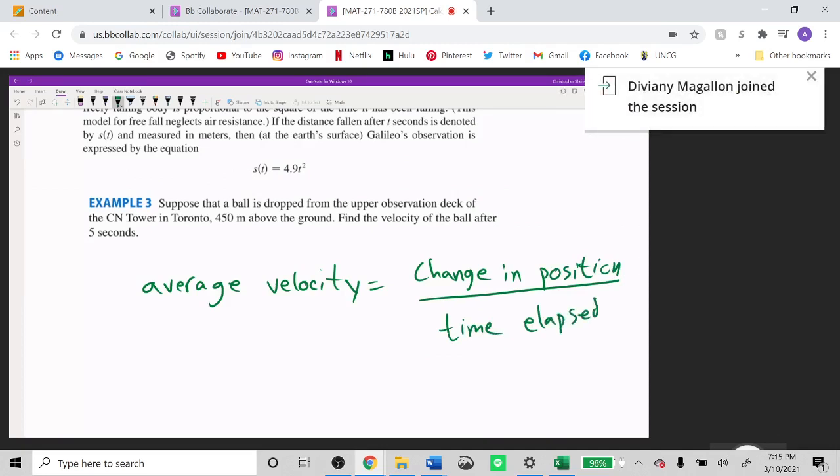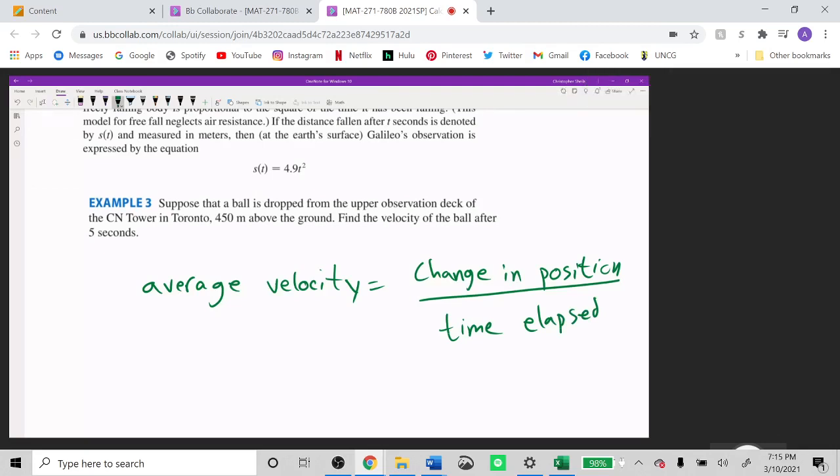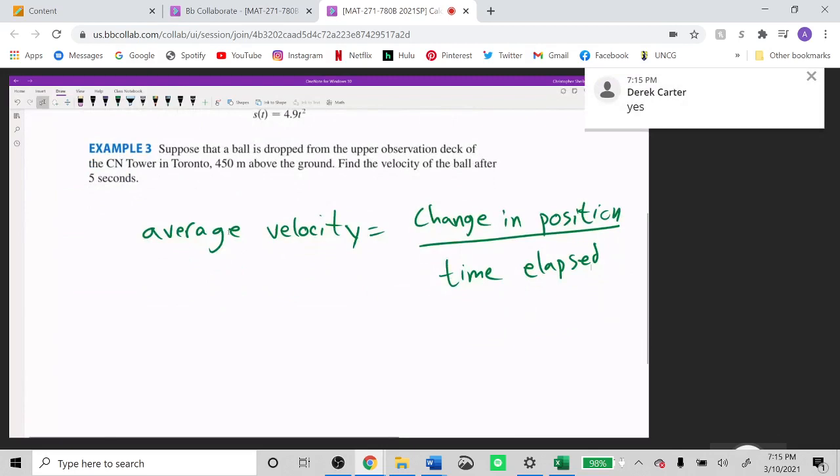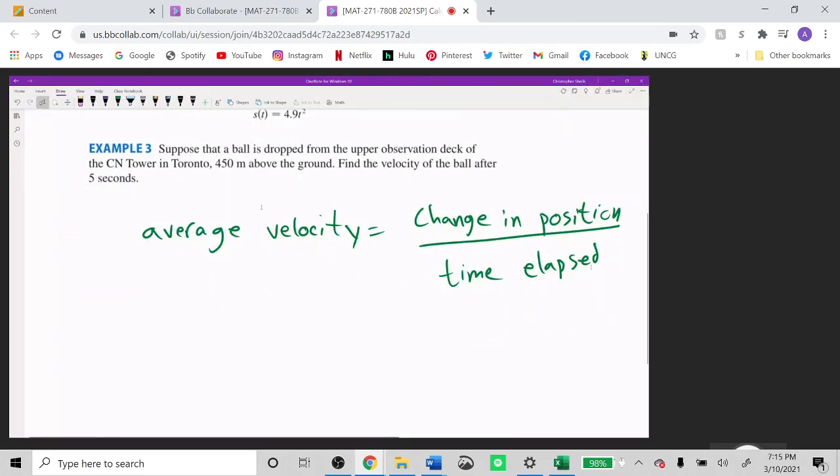Does that make sense? I can tell you your average speed during a drive if you tell me how far you drove and how long you drove for, right? That's the basic idea here. If I know how long you drove for and how far you drove, I can tell you how fast you drove on average across that time interval.